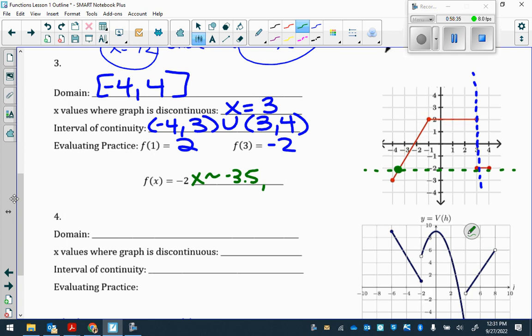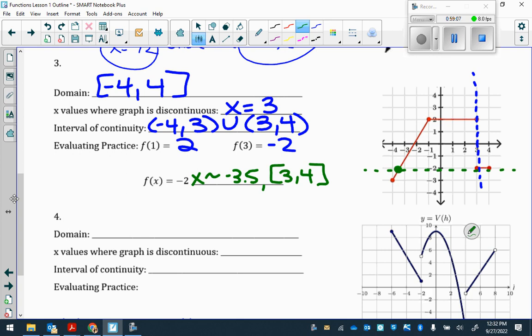How would I write it, though? You guys. How would I write it? 3 and 4 is correct, but is there other stuff in between? Yeah, Isabel. Okay, so we would include 3 to 4, since it's a horizontal piece of a graph.